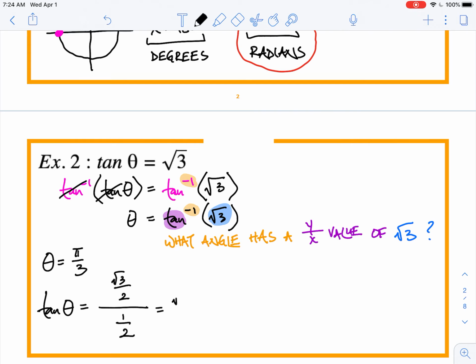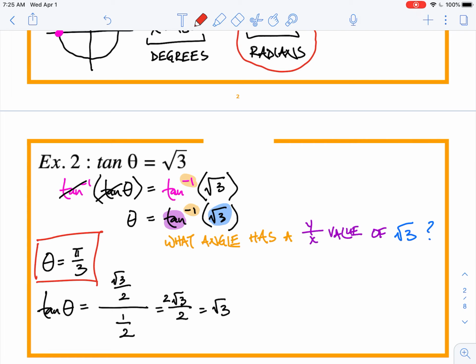And I know that doesn't look like root 3 over 2, but if we simplify this, we'll get root 3 over 2, which just gives us root 3. Okay, so our angle here is going to be pi over 3. Now, again, I want to move us away from the degrees and get us comfortable with having radians as our answer. So theta equals pi over 3 is our answer.